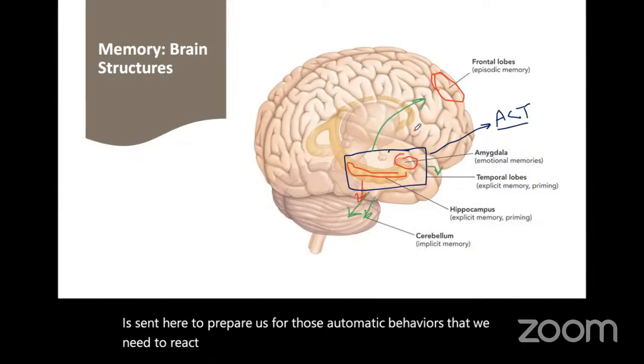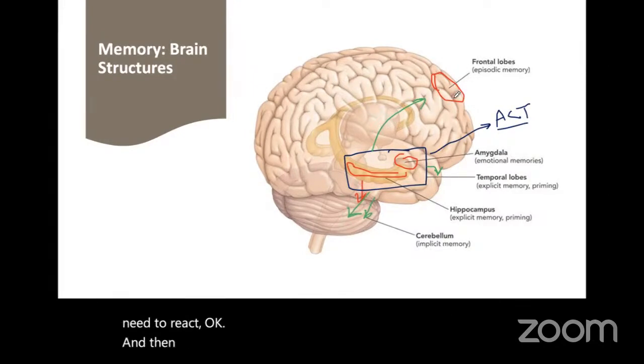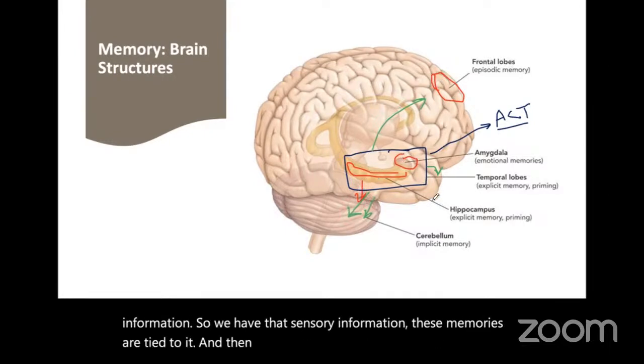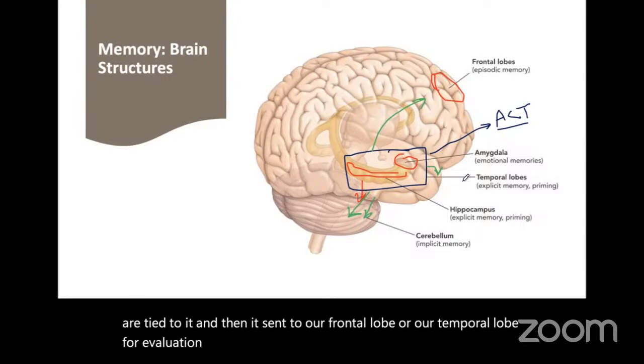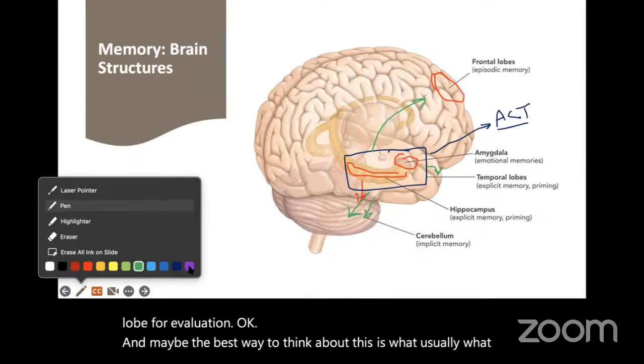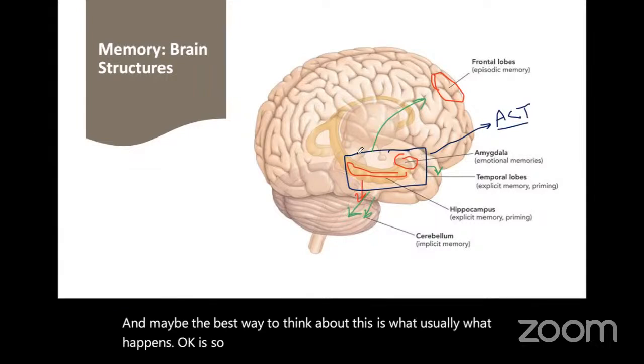And then in the frontal lobe, we process this information. So we have that sensory information, these memories are tied to it, and then it's sent to our frontal lobe or our temporal lobe for evaluation, okay? Maybe the best way to think about this is that we are automatically prepared to act based on past memories and emotions.